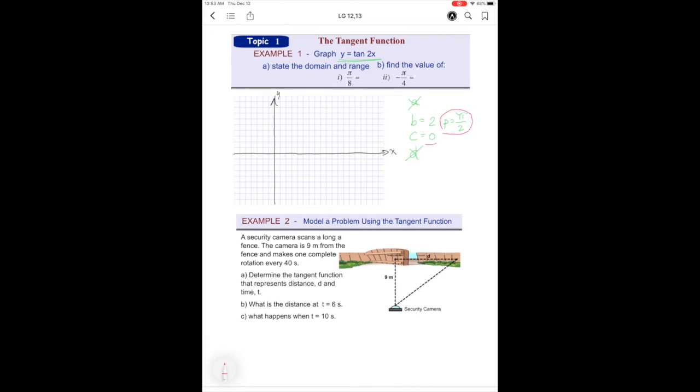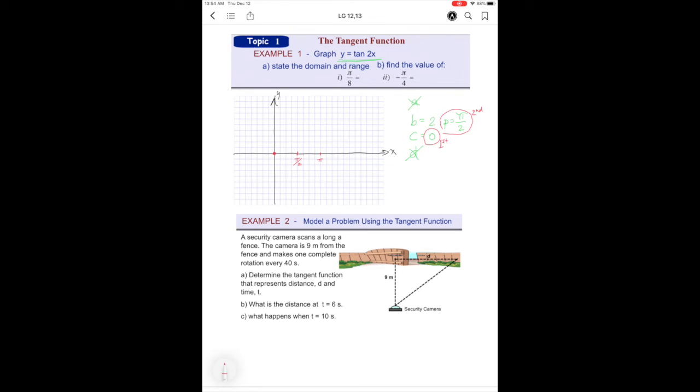Okay, now once we have these features here, the period is 2 and the phase shift is 0. This is the first thing you're going to plot, the phase shift. Well, 0 is right there, so we know we're starting right at the origin. Now the second thing: I'm just going to count by 4. So 1, 2, 3, 4, and I'm going to call that pi over 2.